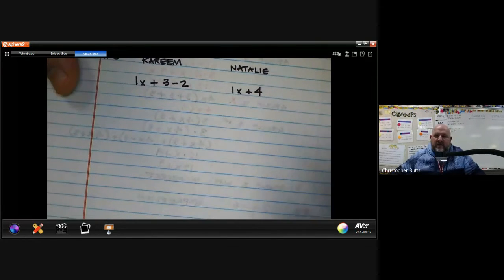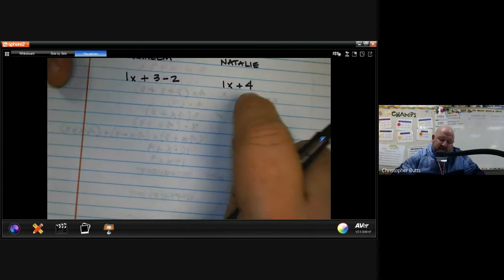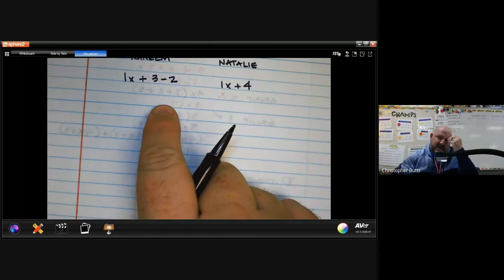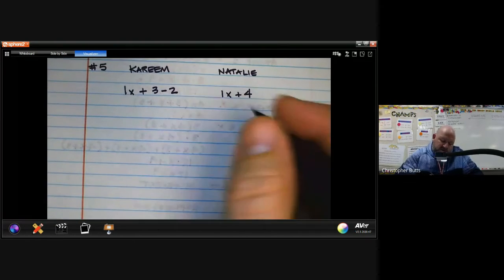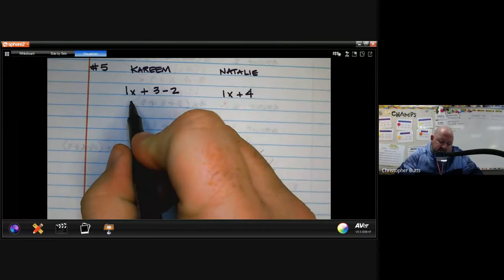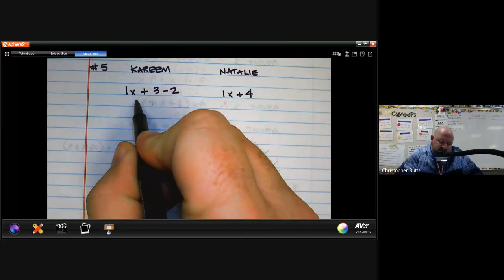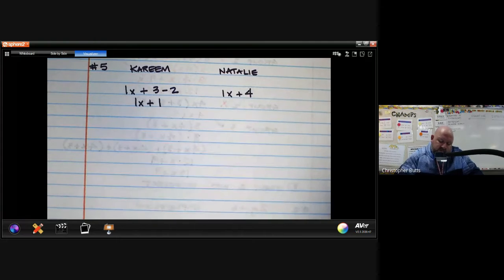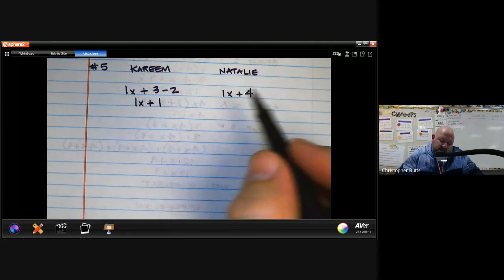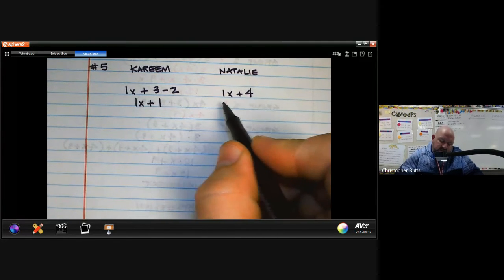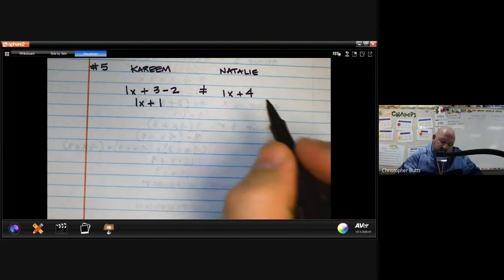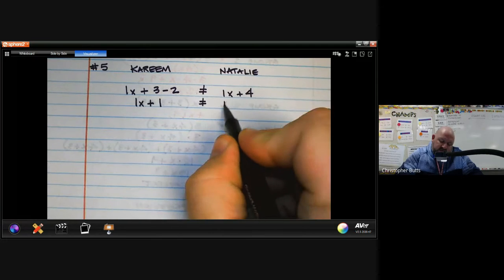Now, I want to add something to this in order to get it to be equal to this. Right now, they're not equal. So I'm going to solve this a little bit further. Let me do 3 minus 2 and see what I got. I've got 1x plus 3 minus 2 is 1. And I want these two things to be equal. Right now, they're not equal.